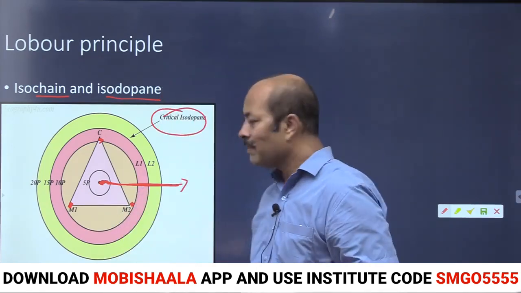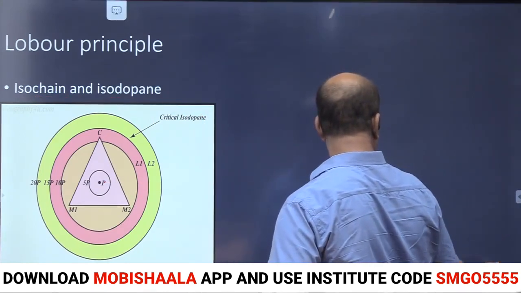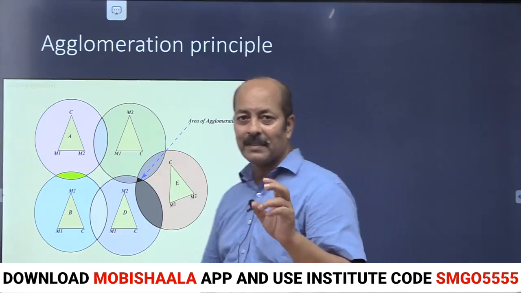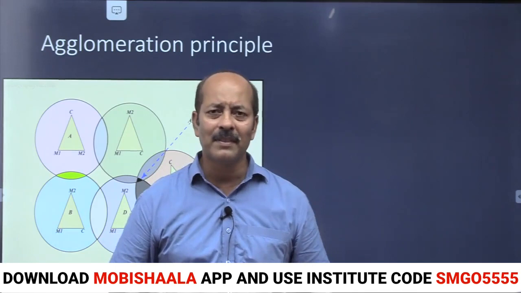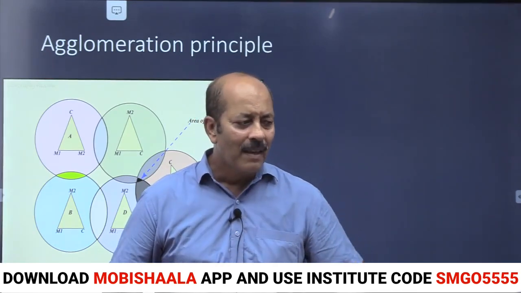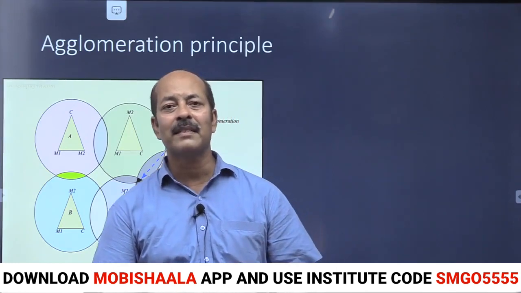Now come to the last concept area of Weber theory. He has given the concept of agglomeration. It's a very simple thing, not a tough thing or rocket technology to understand. Agglomeration means the facilities or benefit of infrastructure.